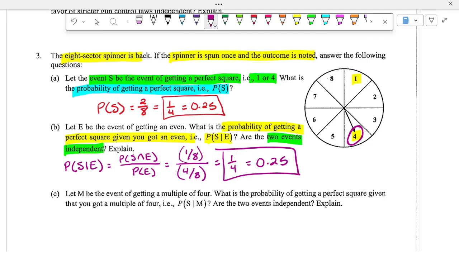Okay? Meaning B does not change the probability of A. If you know for a fact that it falls into set B, it still does not change the probability of A. So are these two events independent of each other? And how do you know? So are set E and set S independent of each other?